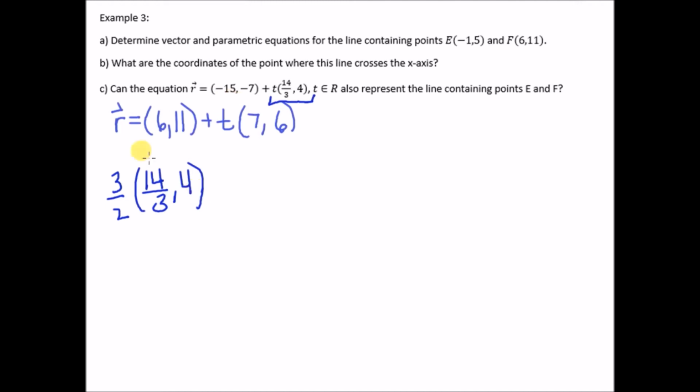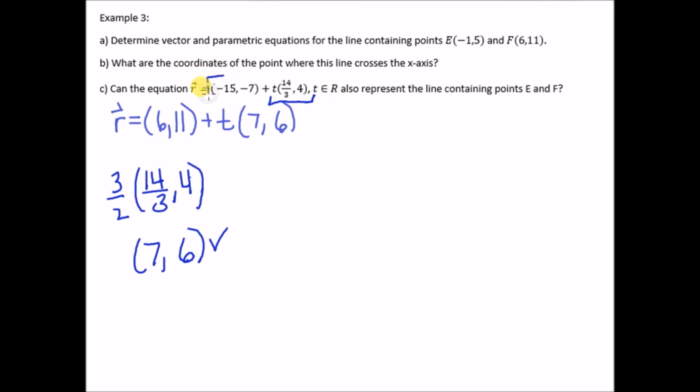So if we multiply this in, we do get that 7. What we're really checking for, because we made this a 7, is that 3 over 2 times 4 equals 6. Well, the 4 and the 2 cancel out to a 2, 3 and 3, 6. Okay, so therefore they both have the same direction vector because they're multiples of one another. So therefore same direction vector.